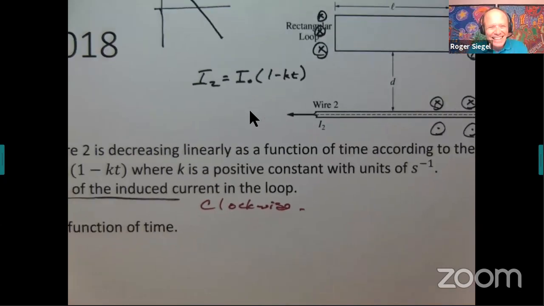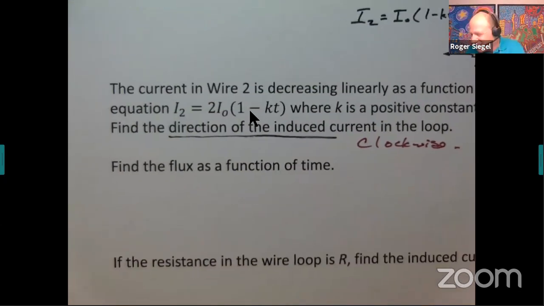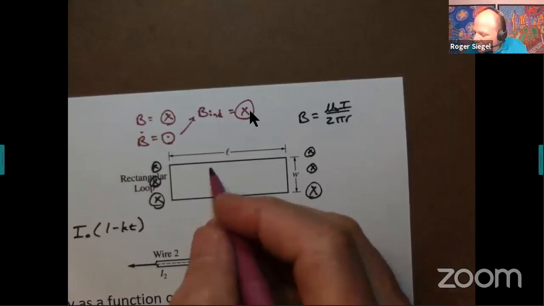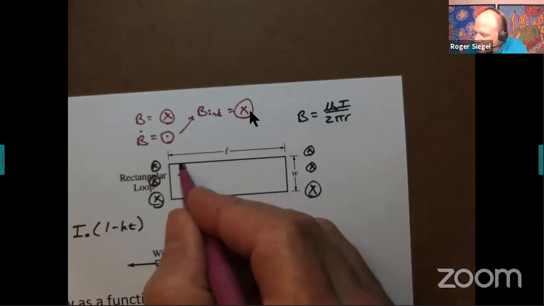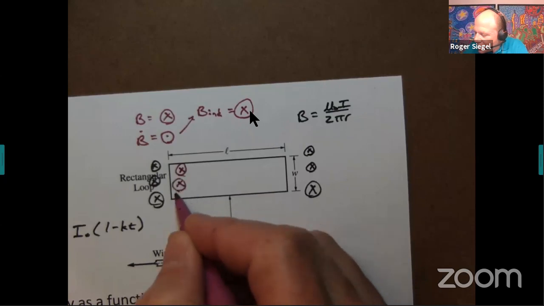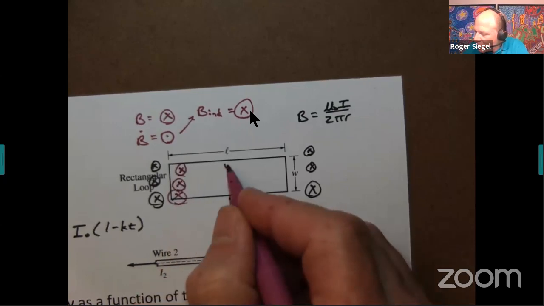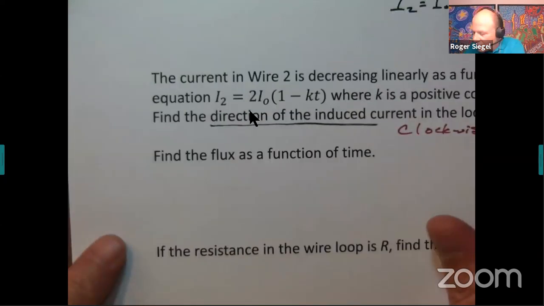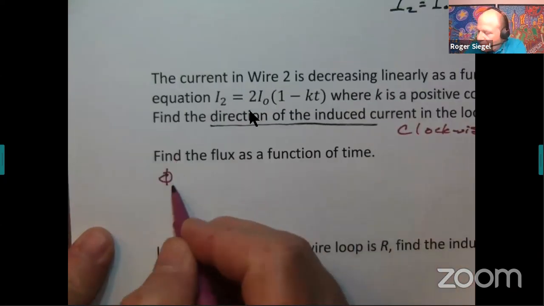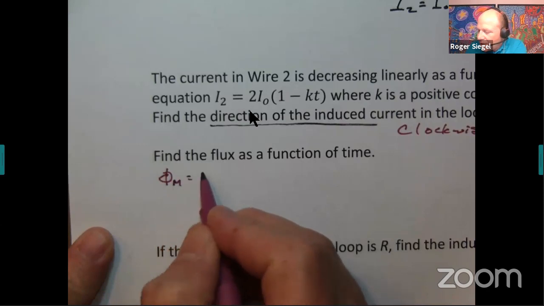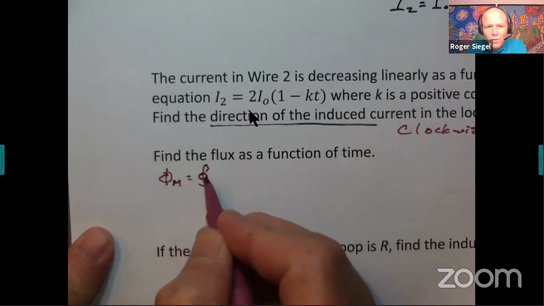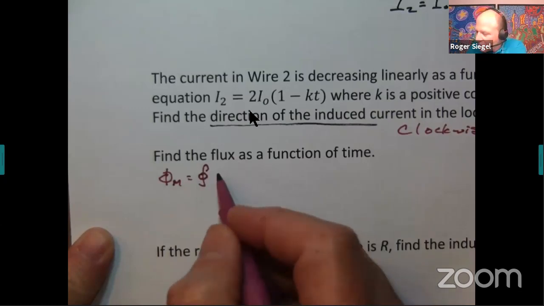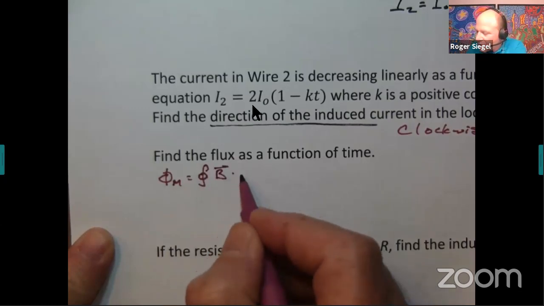All right. Now, remember, the flux is how much B field is inside of this loop. And remember that flux, phi magnetic, is the integral over a surface, not a solid, but a surface, of B dot dA.